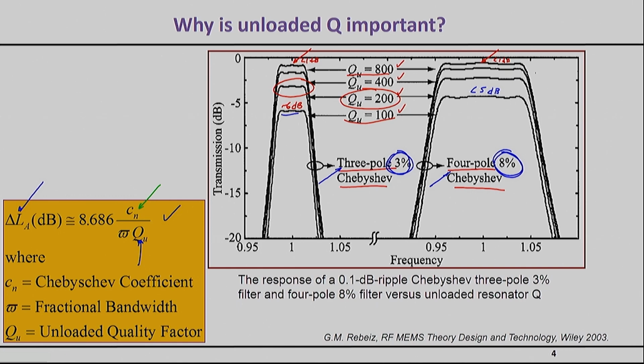For example, a Chebyshev coefficient will be different than a Butterworth one, and you can find those in tables. The amazingly useful thing about this equation is that you can get a pretty realistic estimate for your unloaded quality factor. I'll show you some examples regarding this later on.